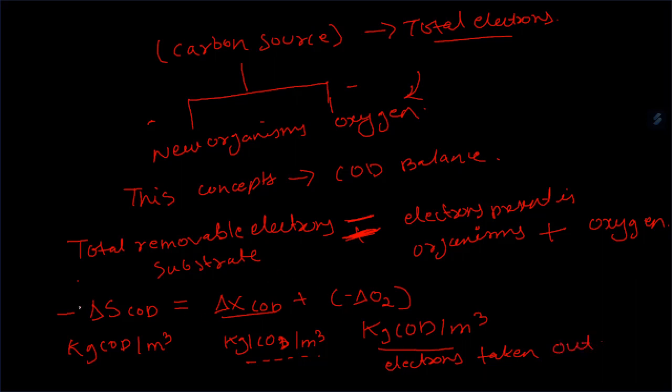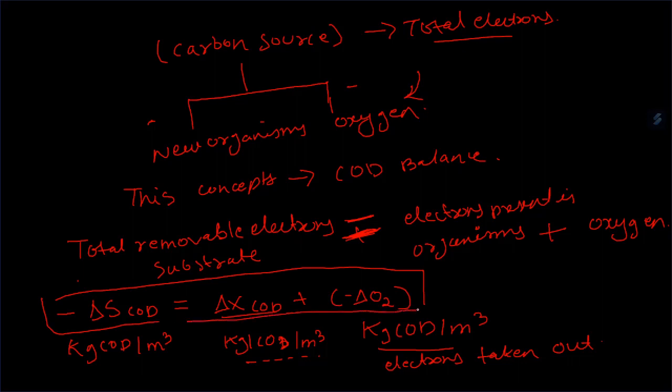Now, if you concentrate on this equation, let me write it once again. Minus delta S COD is the total number of electrons which are removed from a given effluent.